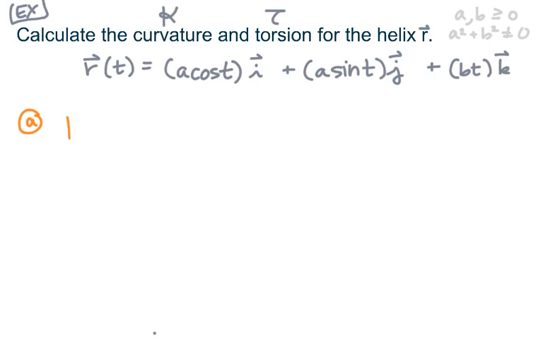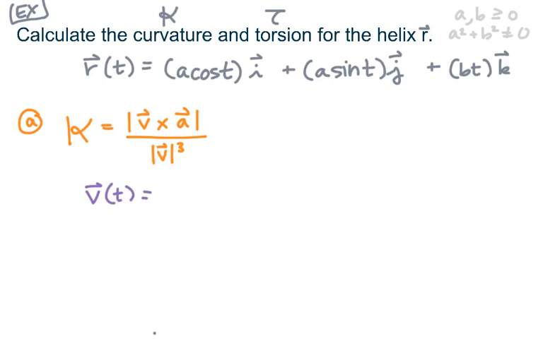We have a new formula for curvature. We say that kappa is the magnitude of v cross a divided by the magnitude of v cubed. So what do we need? We need v and a. That's the first and second derivative of r. So my v vector, v of t, remember a and b are positive constants.